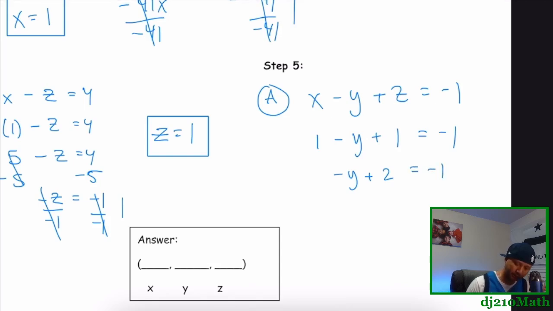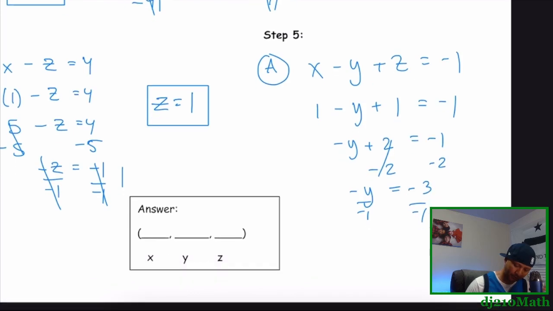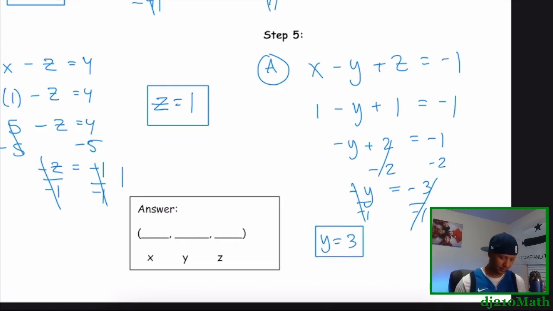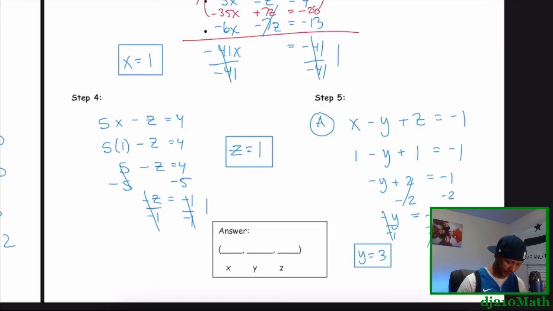Equal to negative 1. Minus 2. So I'm doing the math already in my head. Minus 2. Negative y is equal to negative 3. Divide by negative 1. Then we're going to get y is equal to positive 3. Okay, so putting it all together, x is 1, y is 3, z is 1.